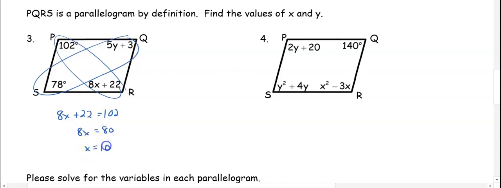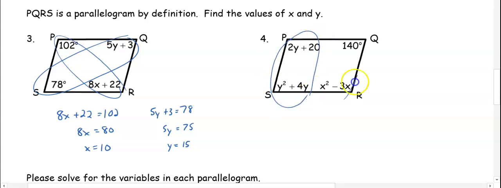When we divide, x is 10. And then we have 5y plus 3 equals 78. We can subtract 3, so 5y is 75. When we divide by 5, y is 15.